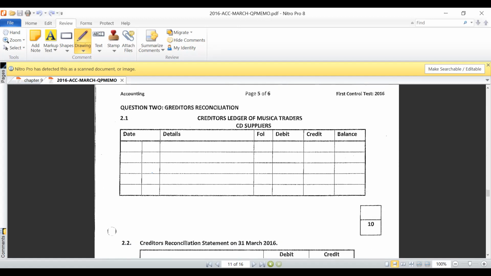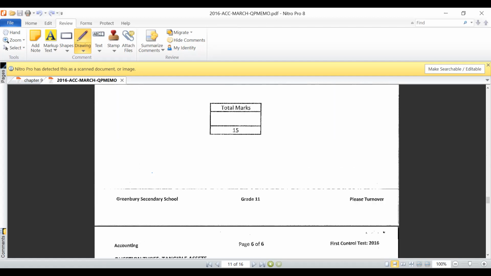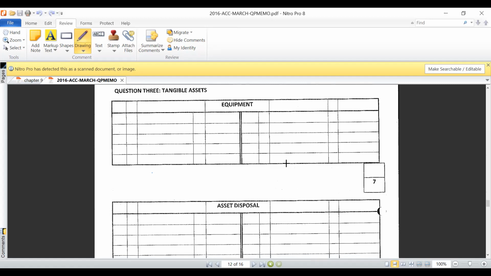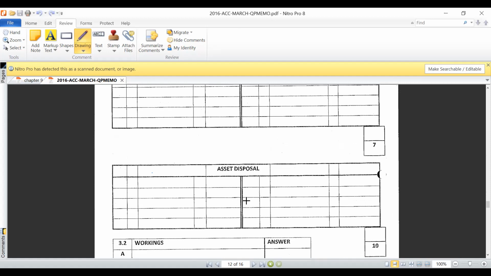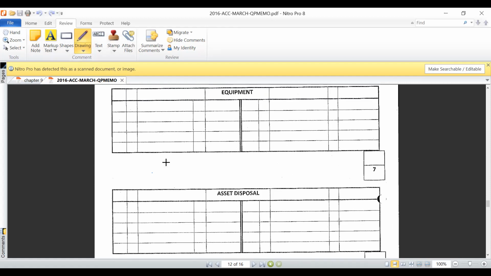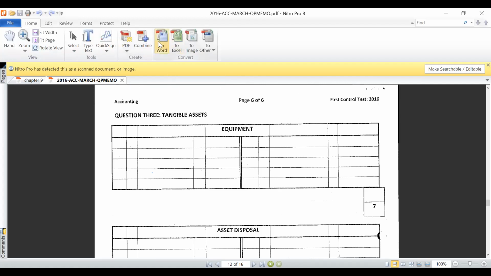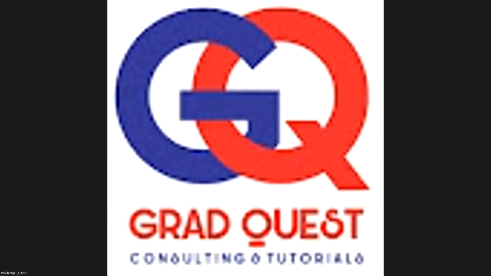Your test normally would probably have an answer book like this. So it's fine. Let me try to see if I can convert this to a Word document so that we can discuss it while I'm typing. Is it fine? Yes.